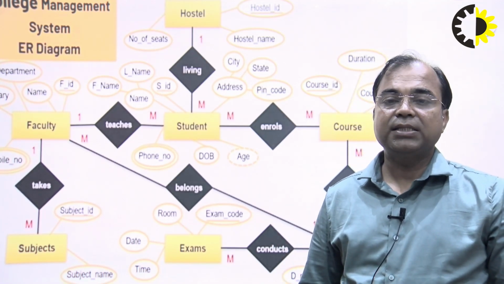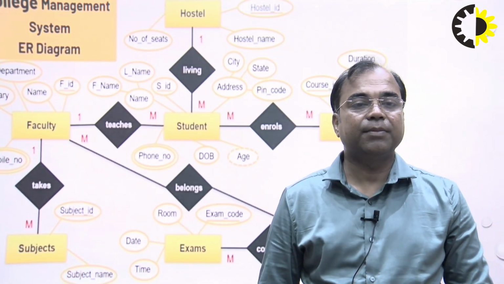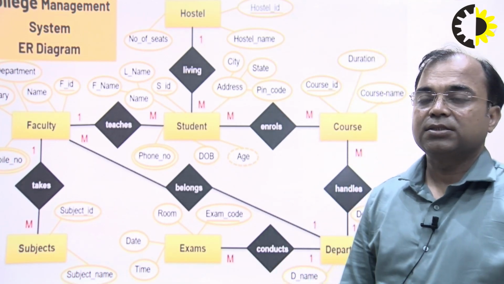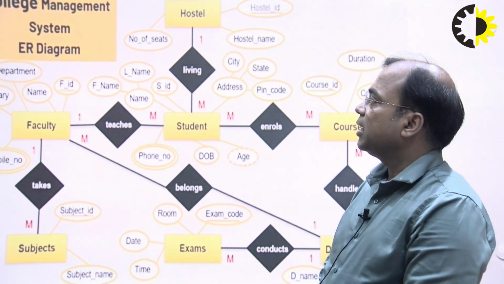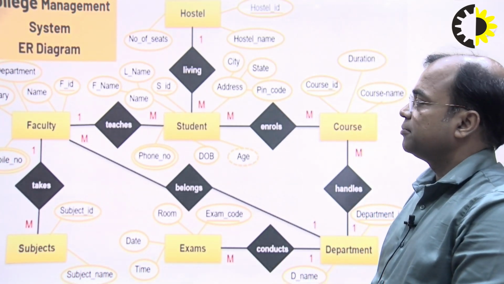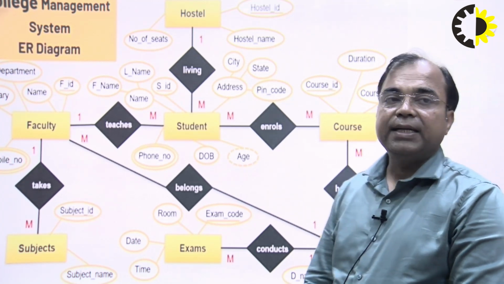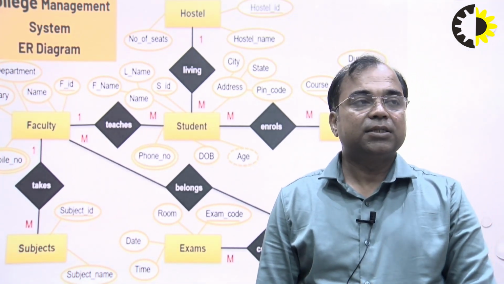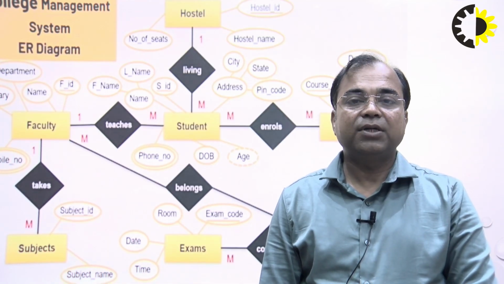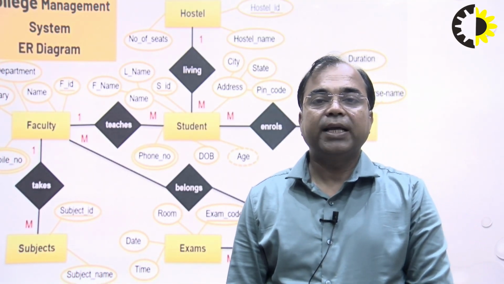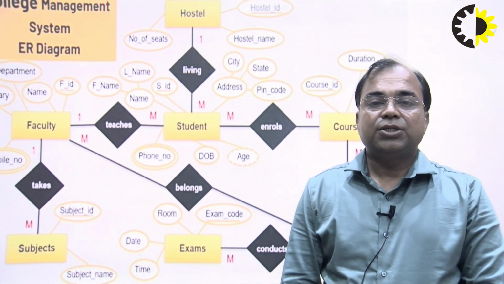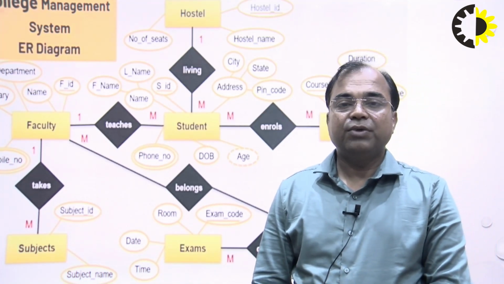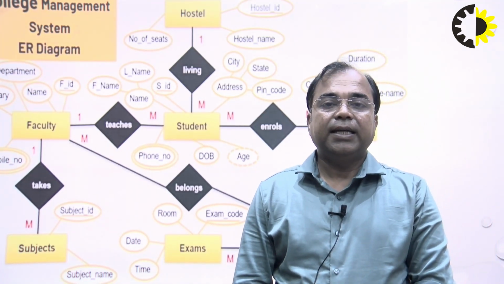This is the basis to create any database in an organization. So we start with the ER diagram for a college management system, in which we have some entities, attributes and relations among them. Today we will see how we can draw the ER diagram for any college, institute, organization or anything for which we want to create a database.